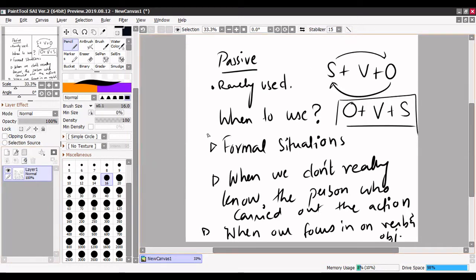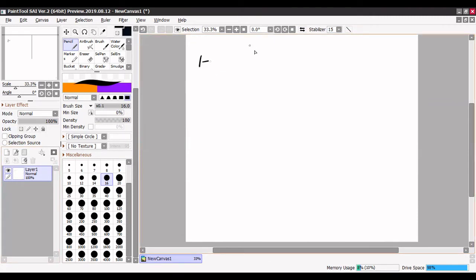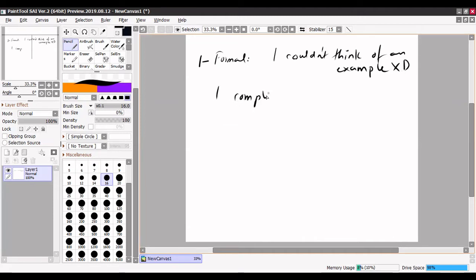Formal situations, for example, if I say, I completed my work, then the more formal sentence would be, my work was completed by me.